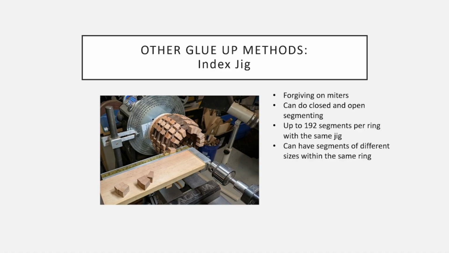And what he will do is not glue in one segment and then go to the next segment. He will glue in one segment and then jump down, skip 4 or 5 segments, and then glue in another one. He'll let all that dry, and then he'll come in later and glue in the 4 or 5 in between manually. So, piece of cake.